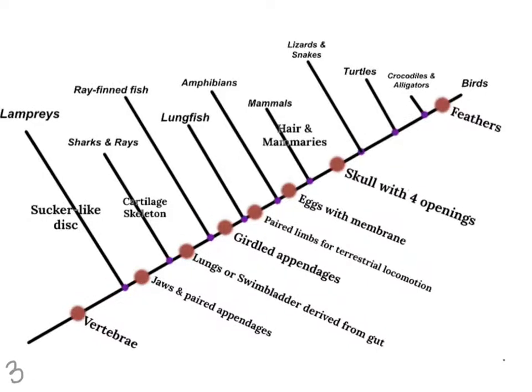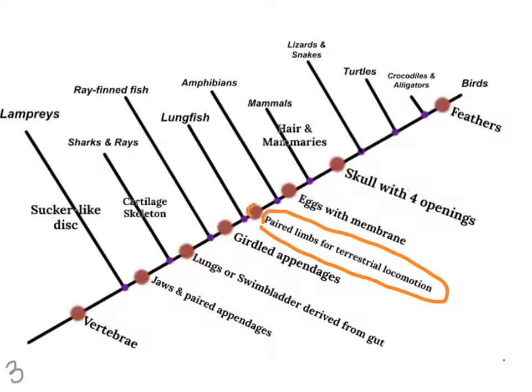So, now let's work at identifying all the shared derived characteristics, I'll abbreviate that as SDC, that we can see on the cladogram. For each shared derived characteristic shown, all the species after or above or to the right of that shared derived characteristic have it. So let's look at paired limbs for terrestrial locomotion. That would be this.